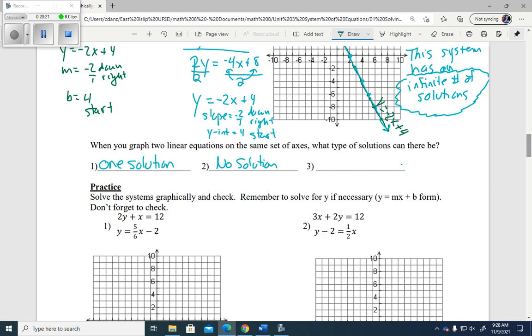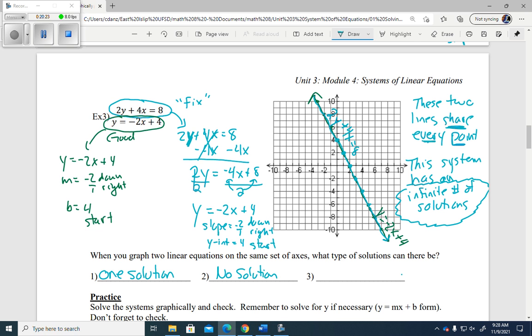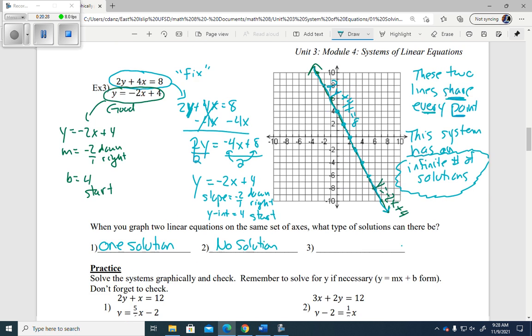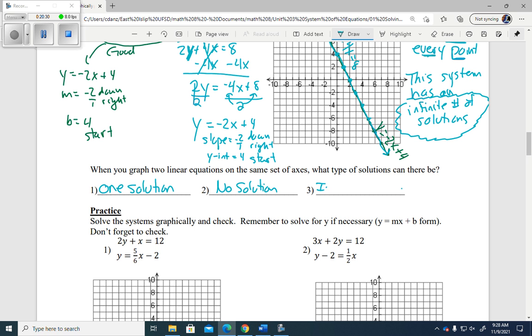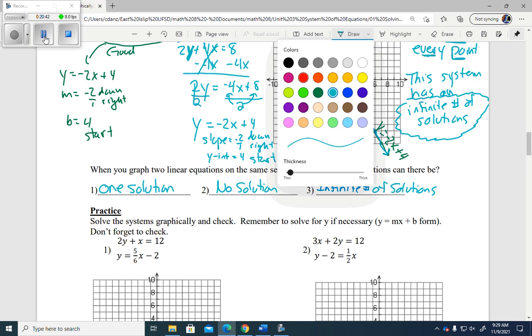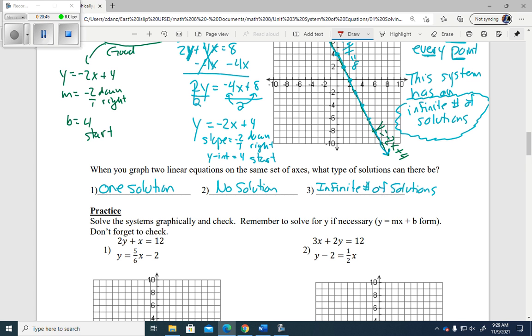And then what's the third type of solution? Well, it's right here, example 3. When the lines coincide, when the lines land on top of each other, we say that there's an infinite number of solutions. Let's actually draw a small little diagram to represent what these solutions look like. If there's one solution, I'm going to have two lines that meet at a certain point, and that point is the solution.